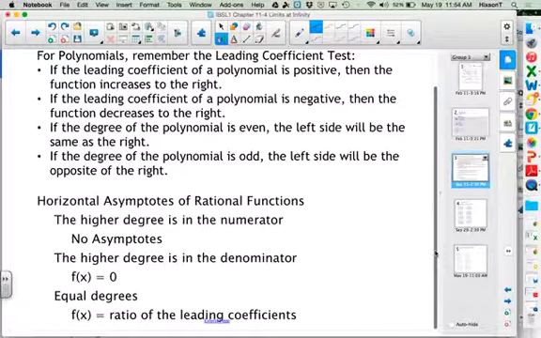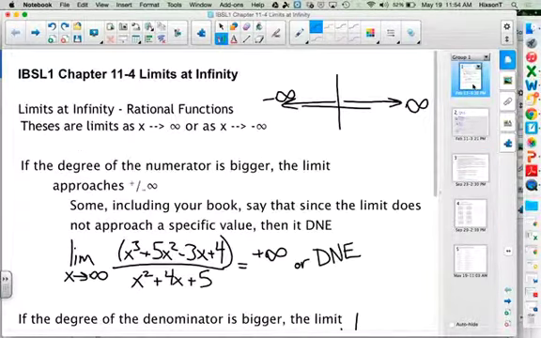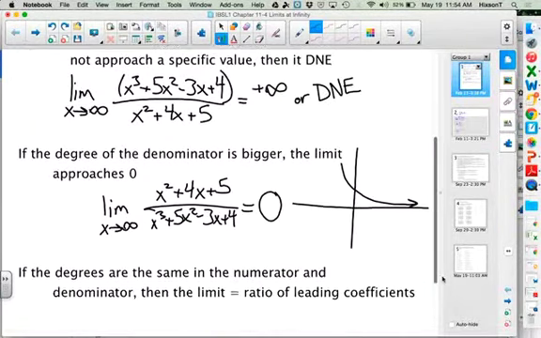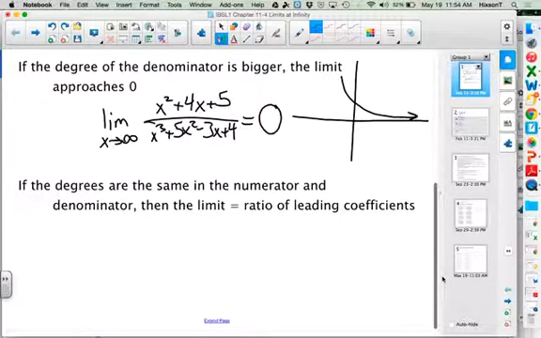Higher degree in the denominator, the asymptote was at the x-axis, so it was 0. If we had equal degrees, then we took the ratio of the leading coefficients. Really what we were doing, guys, is finding the limit as x approached infinity or negative infinity.